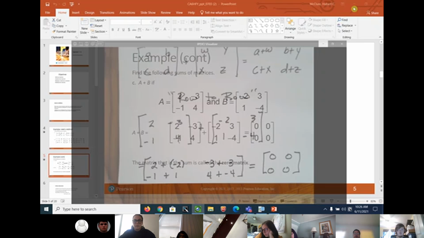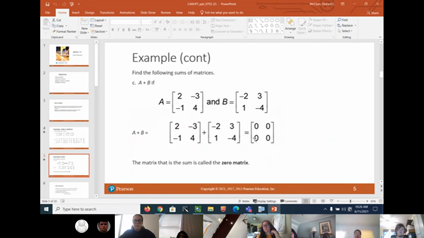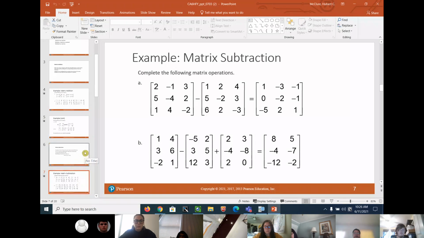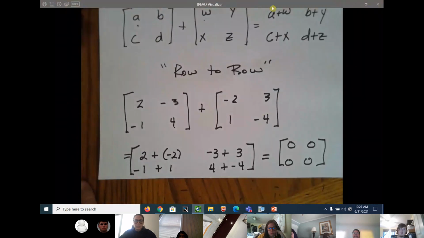And you can do these on your calculator, and I think they actually show you how to do it with your calculator. I really don't. I have done it on the calculator, but I can't remember how to do it. Here's another one. Here's a subtraction. Okay, so let's do that one together.